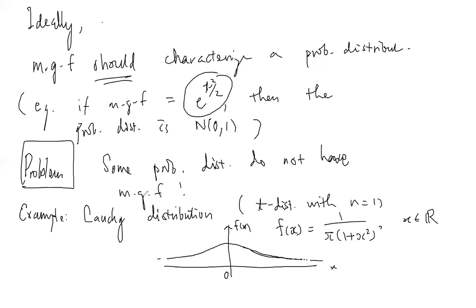Okay, so just for a few minutes, can you verify that the moment generating function does not exist for the Cauchy? Just check that.